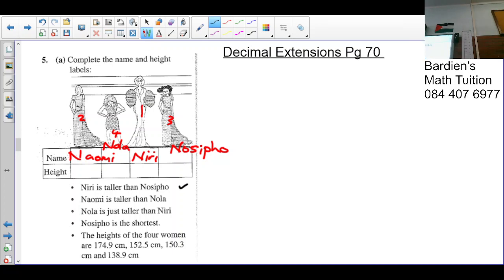The next one, Naomi is taller than Nola. Is that the case? Yes. Nola is just taller than Niri. So Nola is the second tallest, or the second shortest, sorry. So Niri is shorter than Nola.